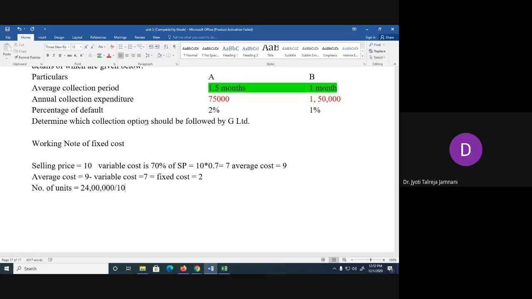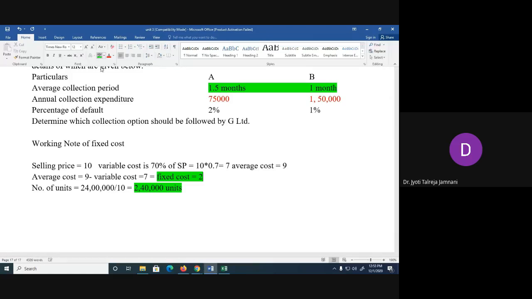So 24 lakh divided by 10 rupees per unit, my sales will be 2,40,000 units. Okay, so now I know that I have 2,40,000 units and my fixed cost is 2 rupees per unit.